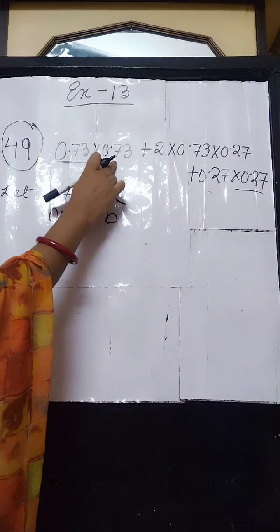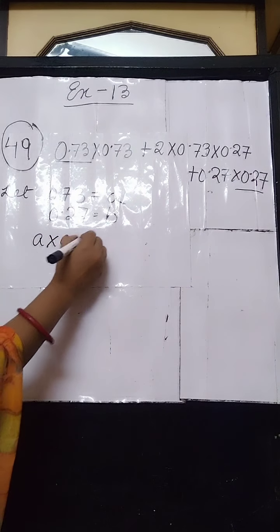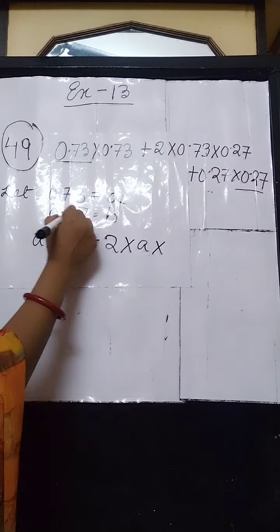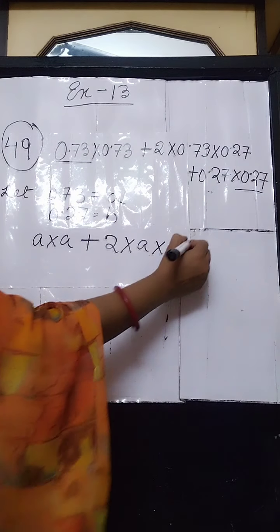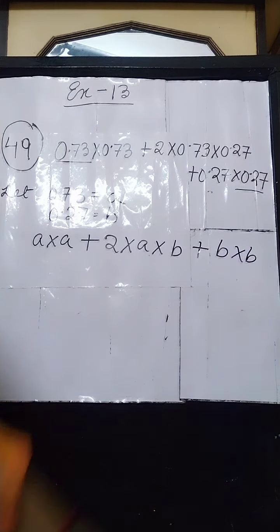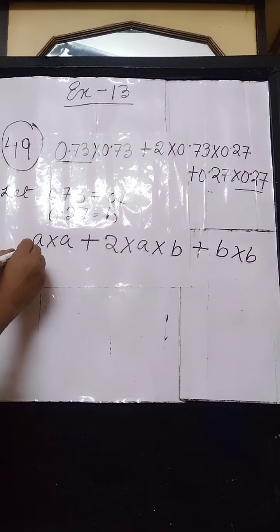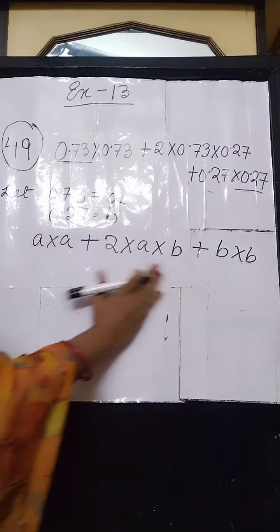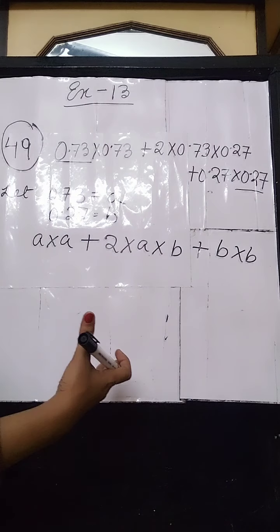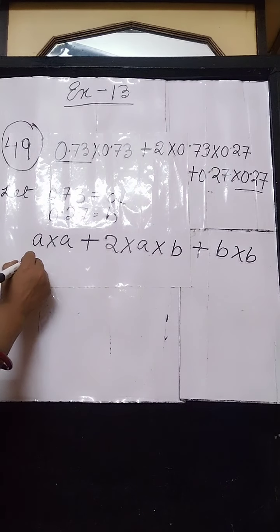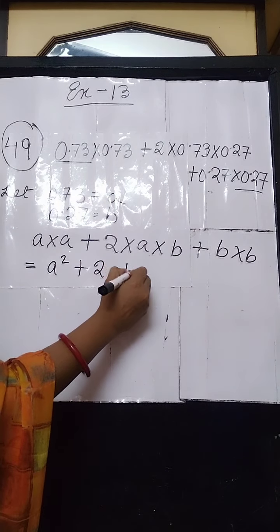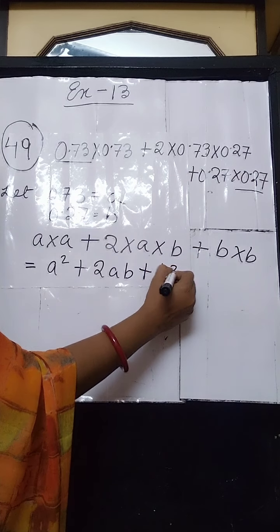So 0.73 into 0.73 will be A into A, plus 2 into A into B, because 0.27 is assumed as B, plus 0.27 into 0.27, that is B into B. In this way we express the sum through the algebraic expressions we have assumed in order to simplify it. Now A into A becomes A square, plus 2 into A into B, plus B into B becomes B square.